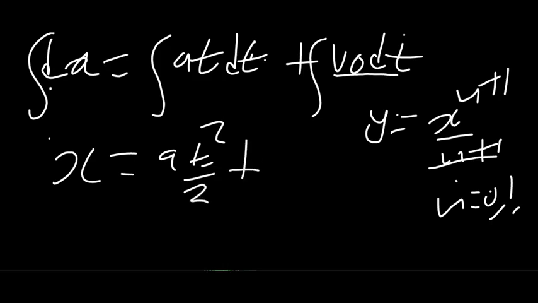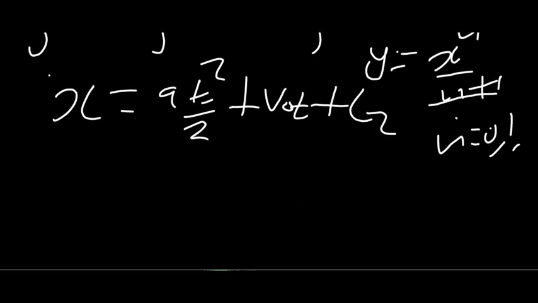You're going to get a t squared over 2 plus, and this will be v naught t plus, you can go c2 because you're going to have a constant there. These are just some of the mathematical theorems under calculus. So we can write this properly.